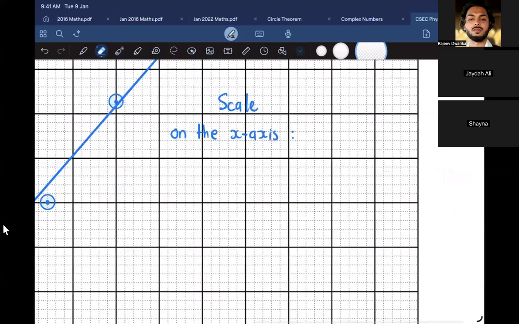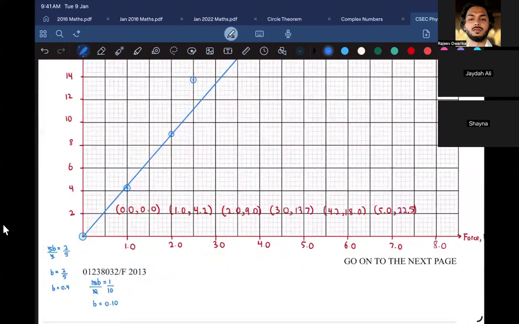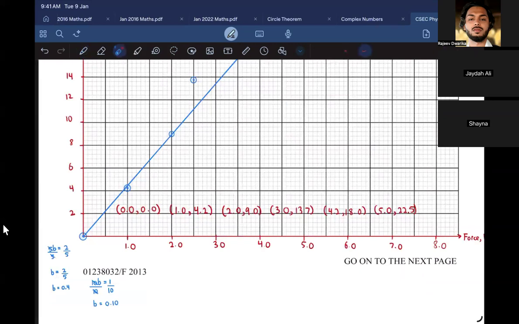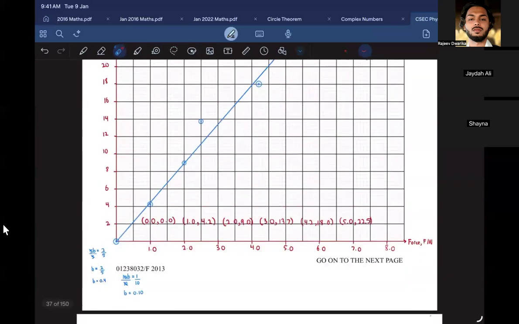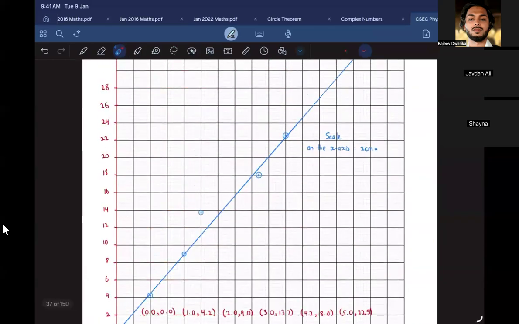Now, have you ever measured the distance for one big block on graph paper? 2 centimeters. So you're going to say that on the x-axis, 2 centimeters is equal to, and you have to be careful here, physics units are very important. On the x-axis, we are measuring newtons. So every 2 centimeters is one what? Newton. Right, 1 newton.